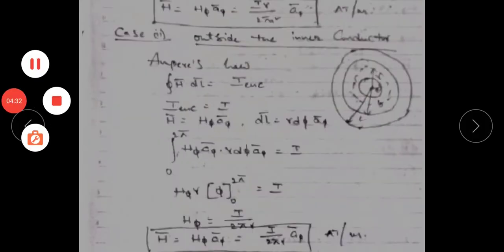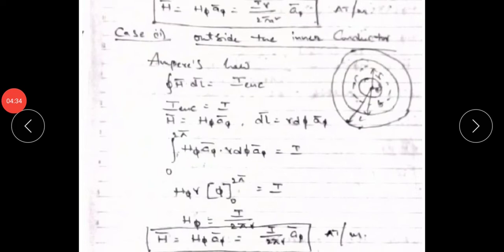Next, the second case, outside the inner conductor, between a and b. We have to determine the magnetic field intensity. First, Ampere's circuital law: closed line integral of H dot dl equals I enclosed. Here I enclosed is the current enclosed by the Ampere path.